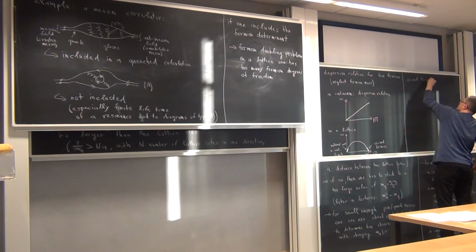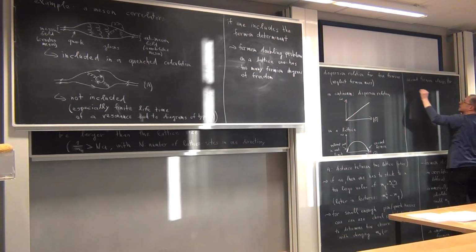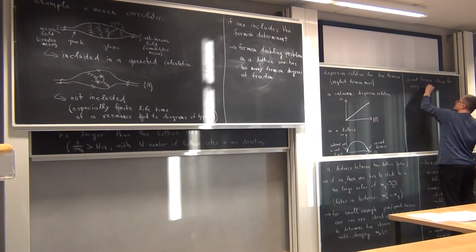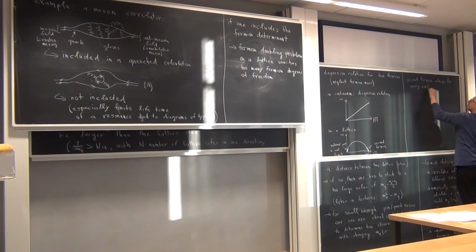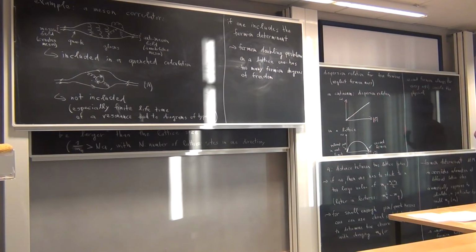So the second fermion always means for every A non-equal 0, and this always cancels the physical. So physical in the sense that in the continuum limit it should be there.